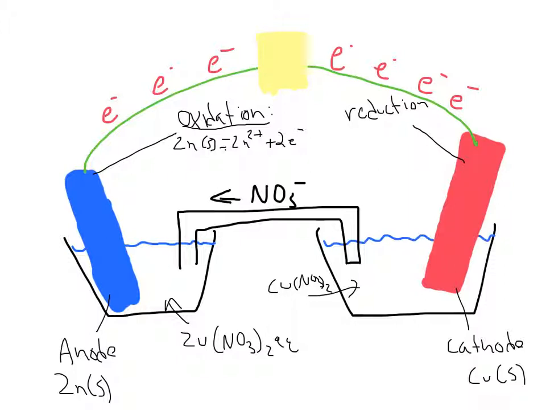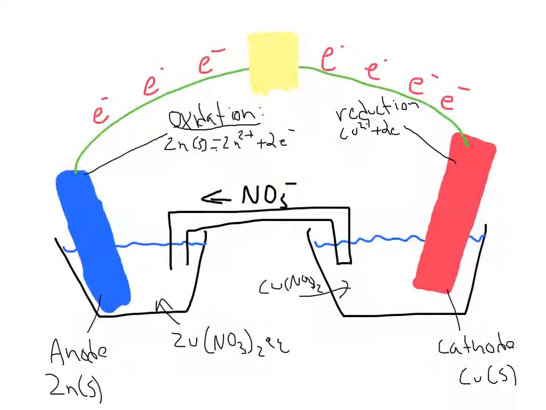Reduction looks like this: Cu2+ plus 2e- equals Cu. Alright, so these are balanced.